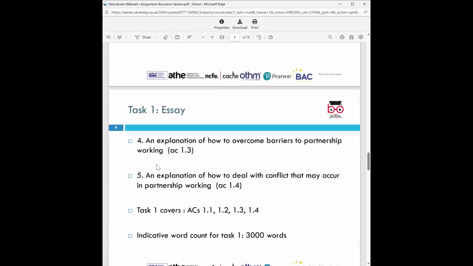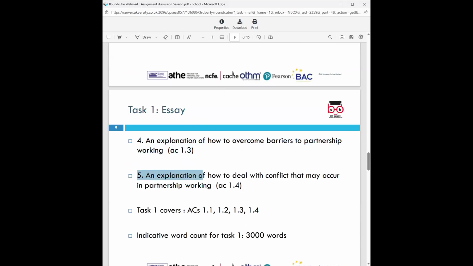Then part of task 1 again, there's another bit, number 4. Do this as a heading and put the answer under it, okay? Okay. So here you're doing an explanation of how to overcome barriers of partnership. And that's looking at AC 1.3, okay? Okay. This is all in learning outcome 1.